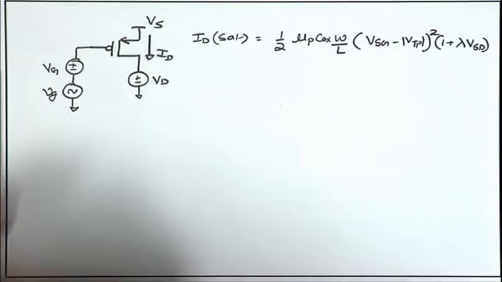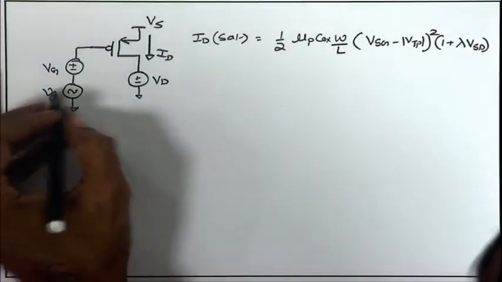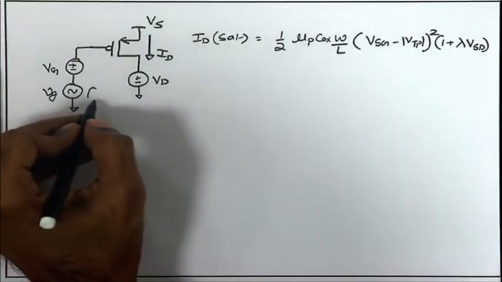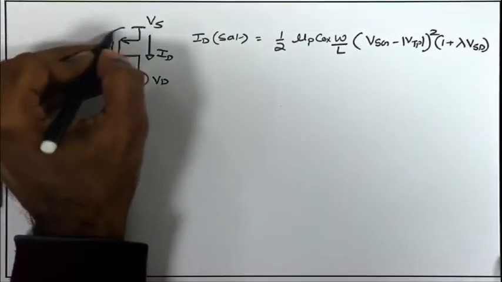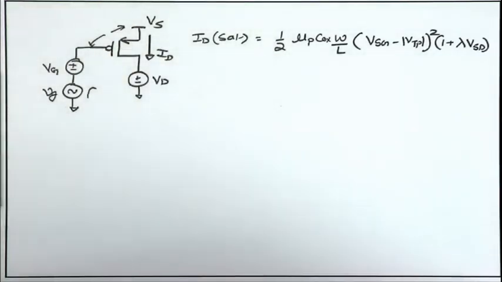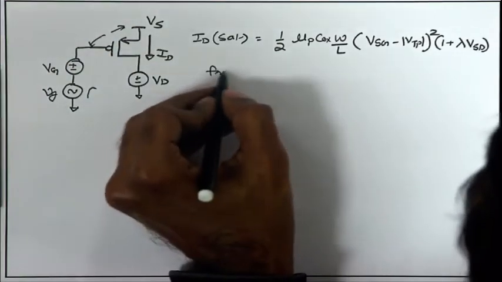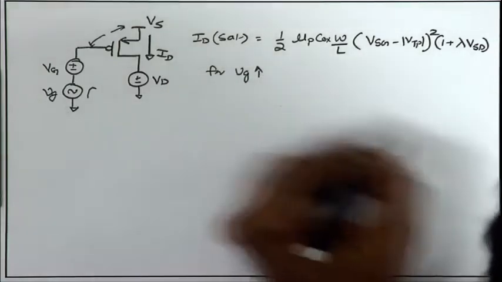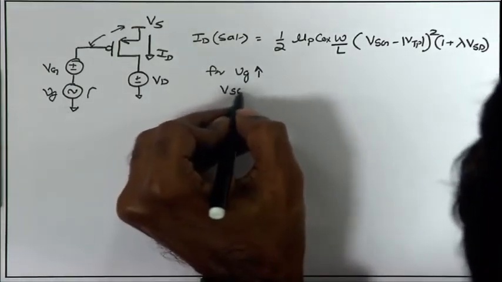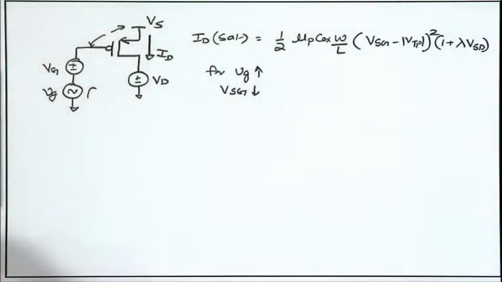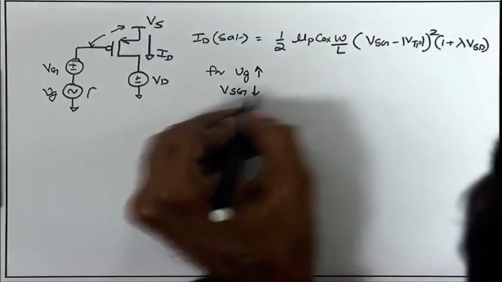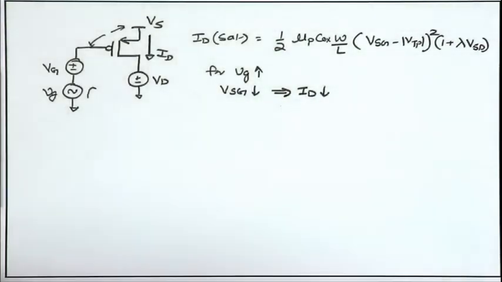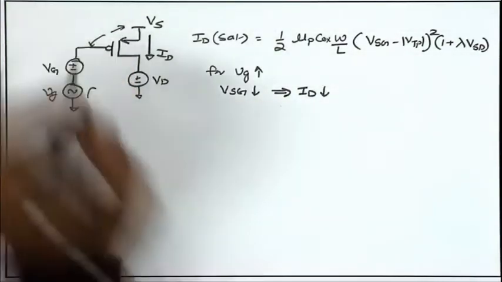Now, what happens if I apply a small signal gate voltage and it is going up? If the small signal is going up, what are we doing to the Vsg? Vg going up means positive, Vsg is going down, and as a result this implies that the DC current Id must go down, because we are reducing the Vsg of the MOSFET, right.